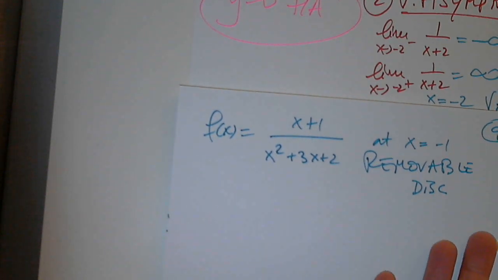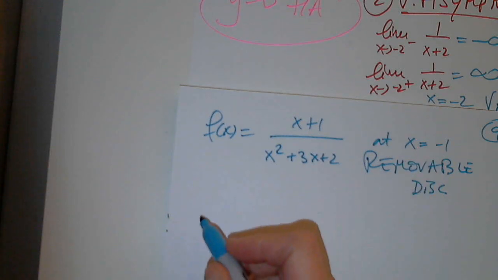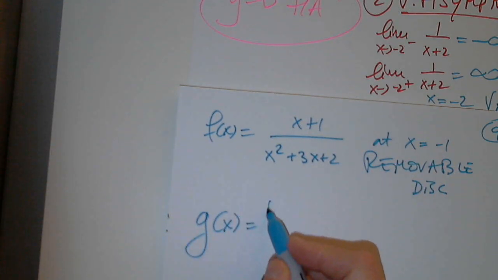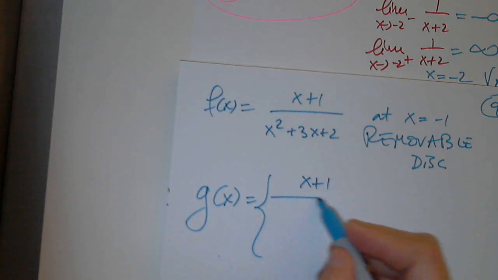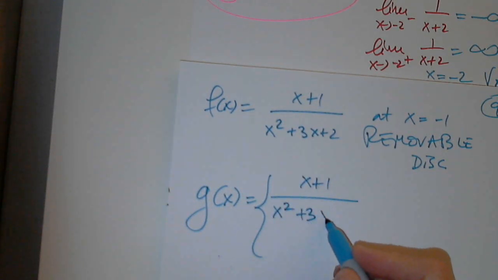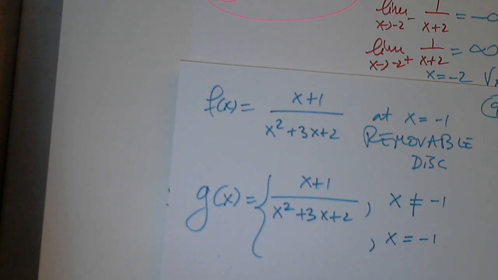But if I want to create a function that is continuous at negative 1, I will create the function g of x as x plus 1 over x squared plus 3x plus 2 for x anything but negative 1. And how will I define this function at negative 1 to make it continuous at negative 1?